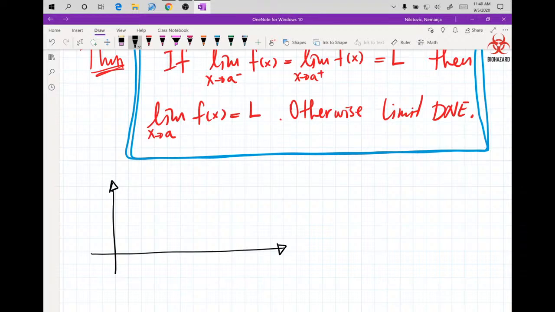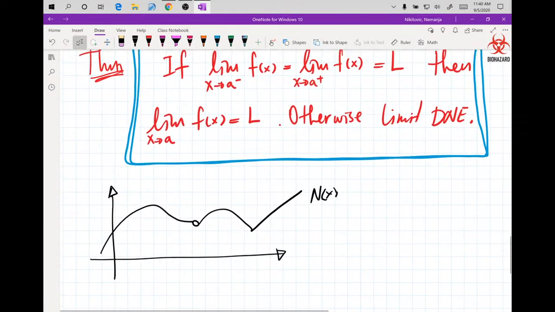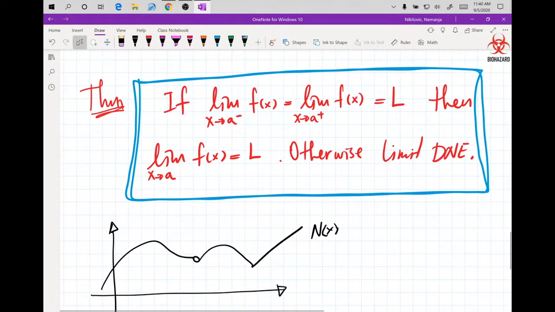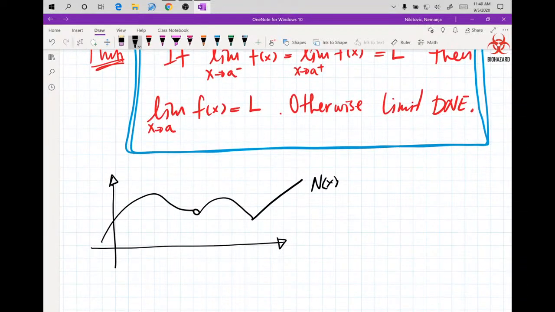Here is a function over here, n of x. Doesn't really matter what the name of the function is. And this value is here.